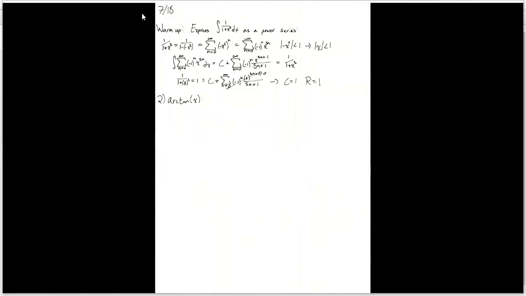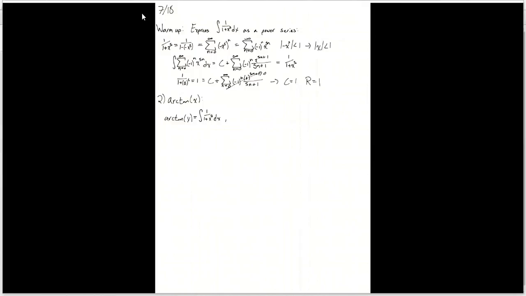All right, so we have arctangent of x. So it might be a little bit of a stretch to imagine that we're still going to be using the geometric series here. So if you kind of recall, we have that arctangent of x was equal to the integral of 1 over 1 plus x squared dx, right?